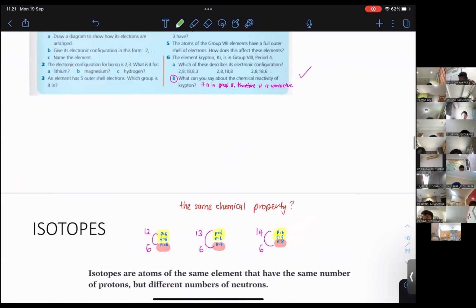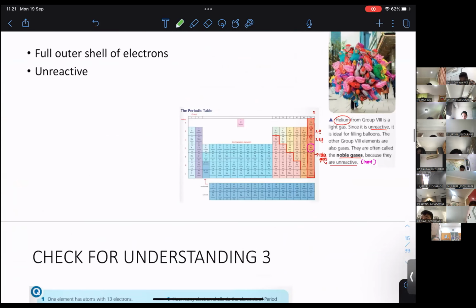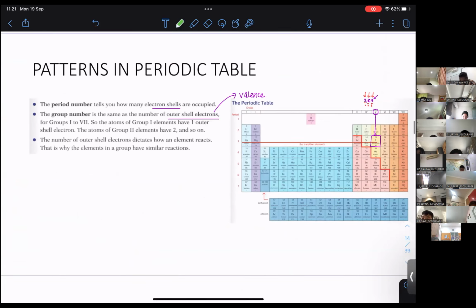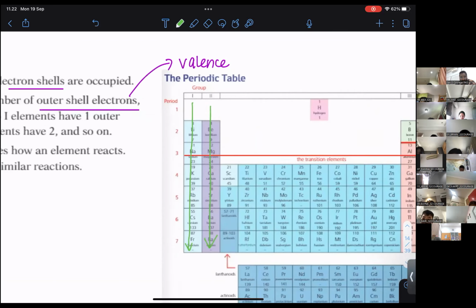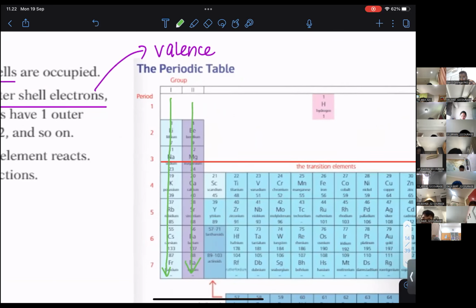Earlier, remember I said that chemical property depends on what? For example, group 1, all of them share the same chemical property. Group 2, they have the same chemical property. Why? Because the number of valence electrons is the same.